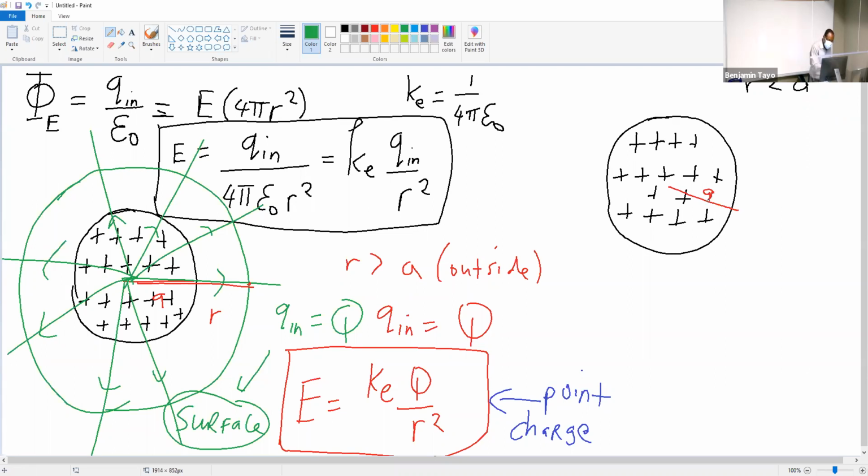Now, this is my new point, so I want to calculate it at the point where it's inside. So this is R. Notice that in this case, R is less than A. So I need to look at how much electric field goes through that green surface there.